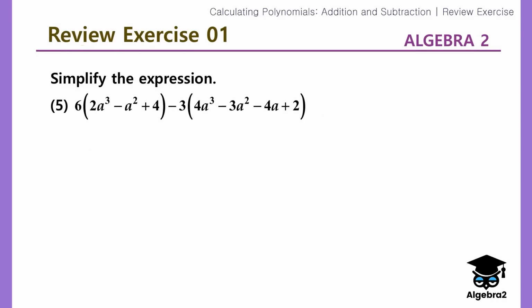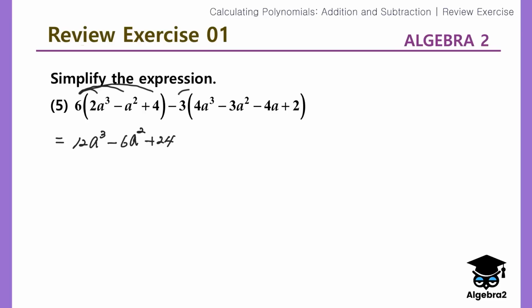Number 5, that is equal to 6 times 2a cubed, 12a cubed, right? 6 times negative a squared, that's minus 6a squared. 6 times plus 4, that's plus 24.